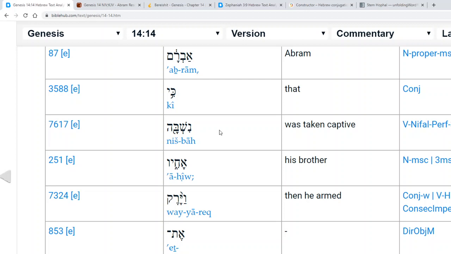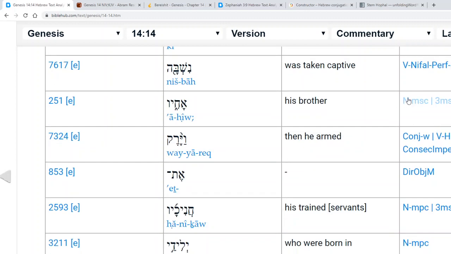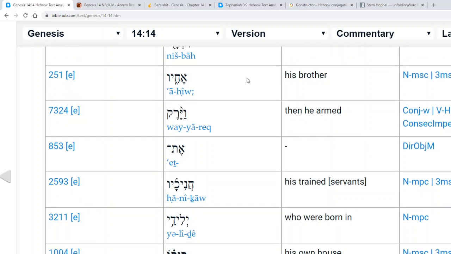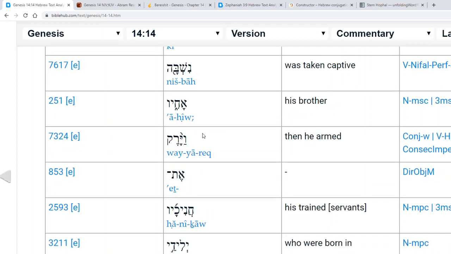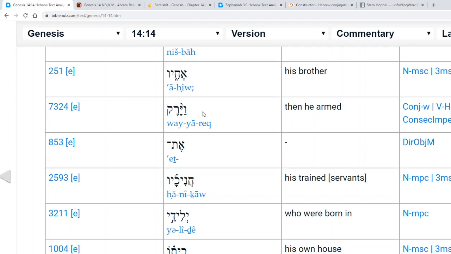If it was in the active, he had taken, so this is to take captives. But nishba is somebody who was taken captive, because it's in the nifal, in the passive. Nishba achiv, literally his brother, but it's not his actual brother. This achiv, yeah, it makes sense. It's a relative. Here it means relative.